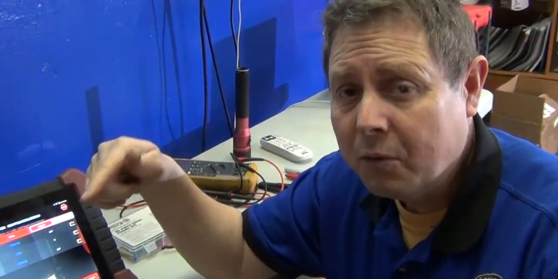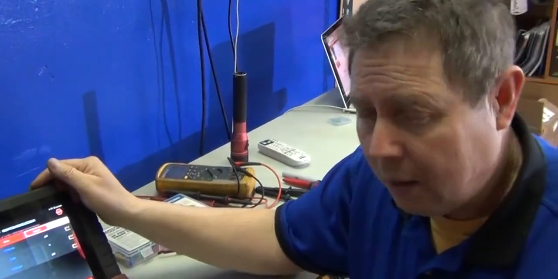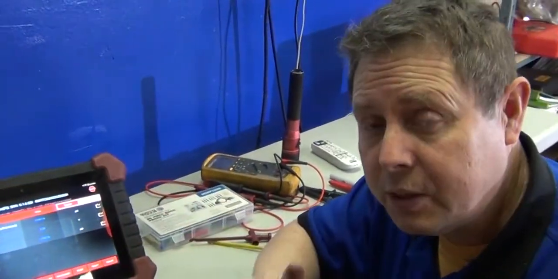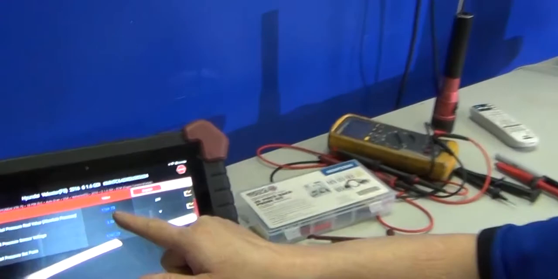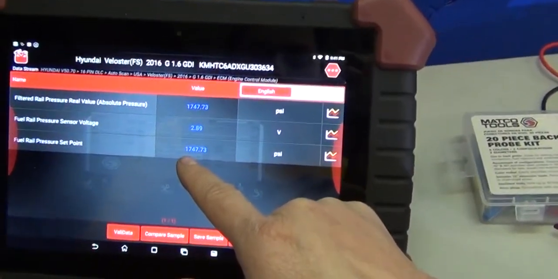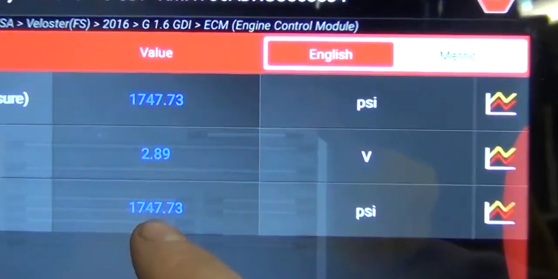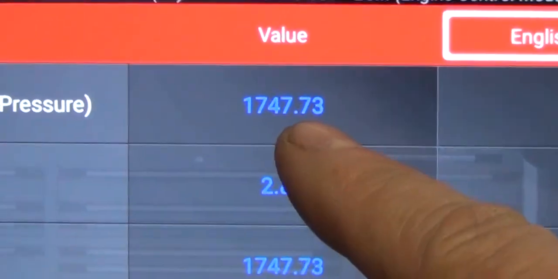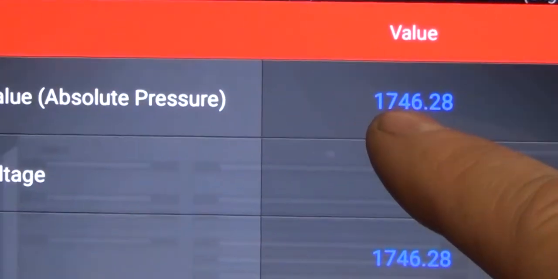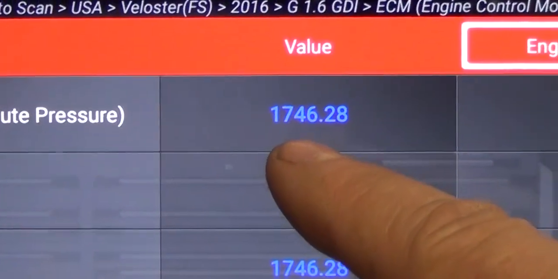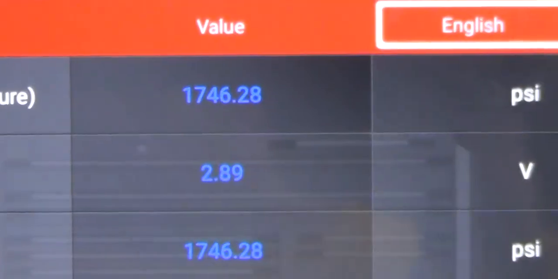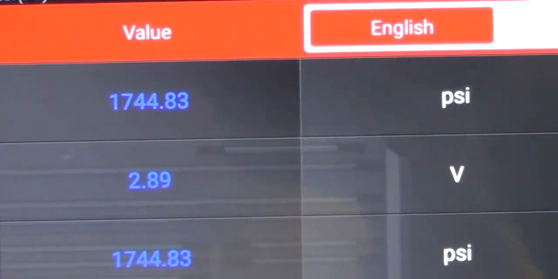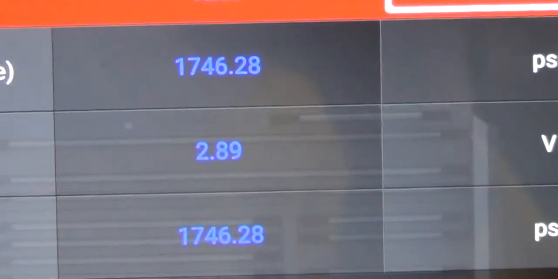Right now the ignition is on. As you can see, this is the set point, which is the one that the computer is commanding, and this is the actual fuel pressure inside the fuel rail. So let me crank over the car, and you can see what happens with the pressure.